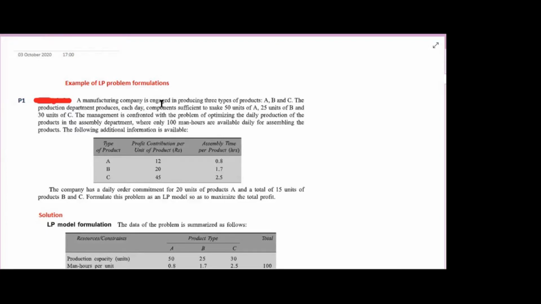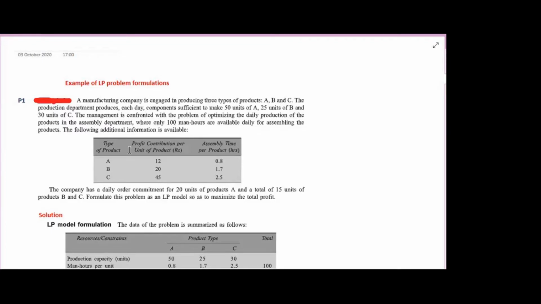The first is a manufacturing company engaged in producing three types of products, that is A, B, and C. The production department produces each day components sufficient to make 50 units of A, 25 units of B, and 30 units of C. The management is confronted with the problem of optimizing the daily production of the product in the assembly department, where only 100 man hours are available daily for assembling the product.